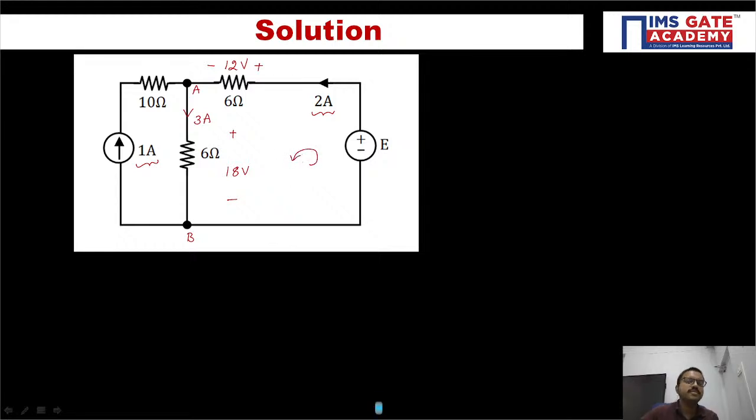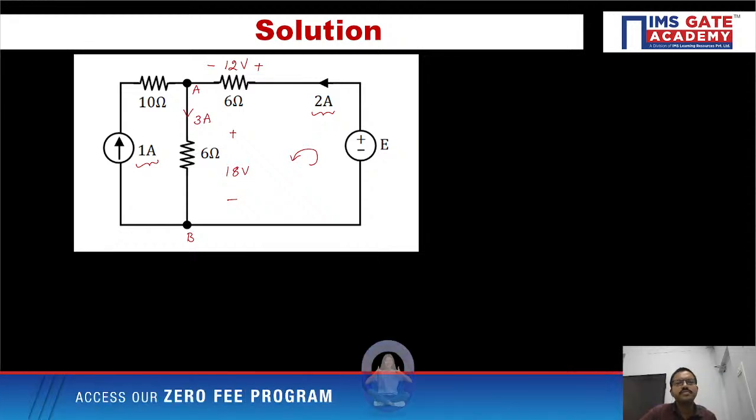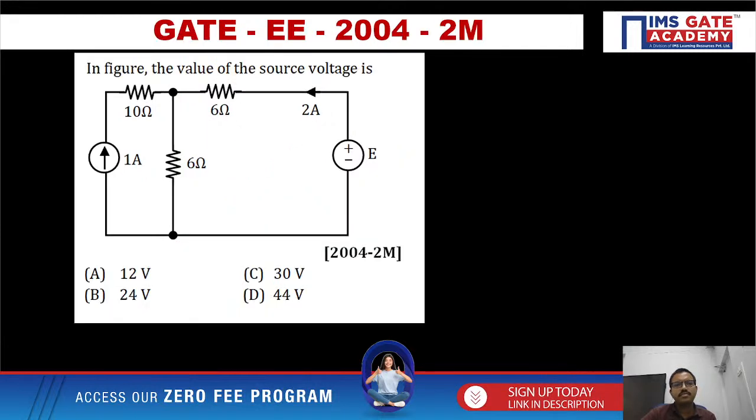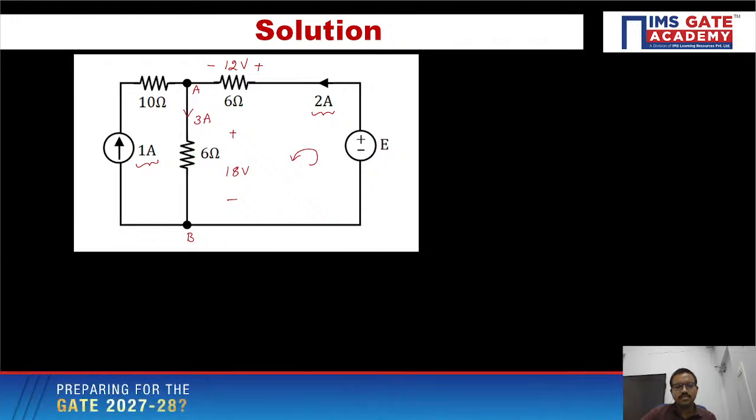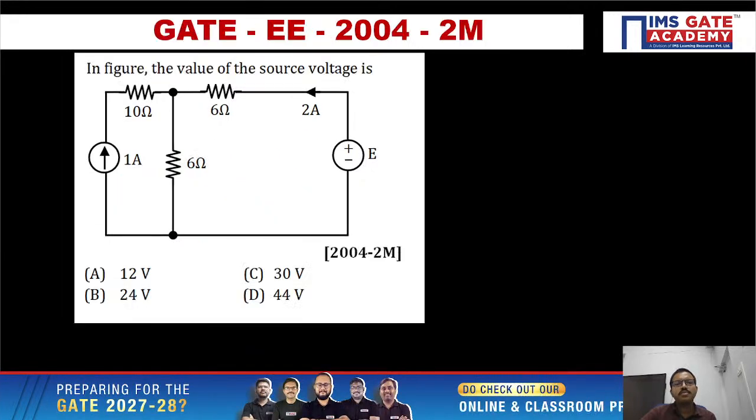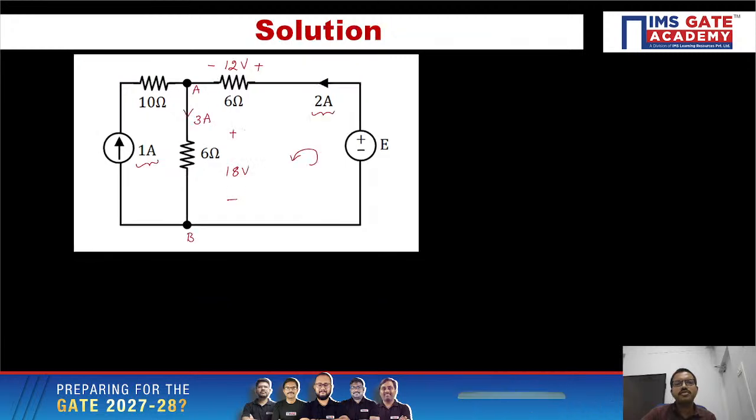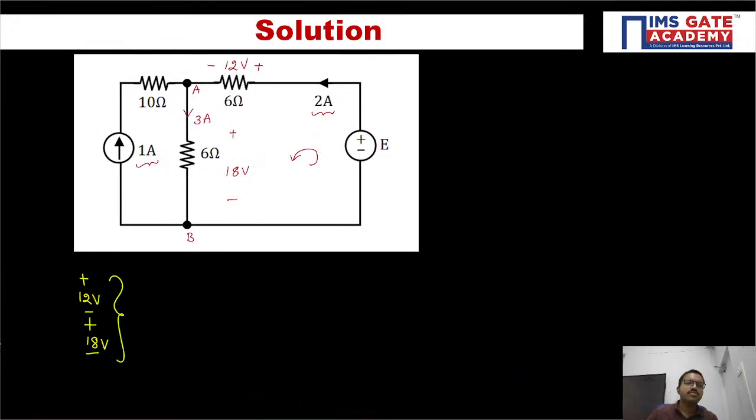What is the value you are going to get? Yes, you will get option C, 30 volt.